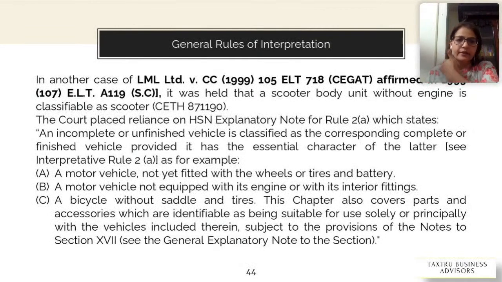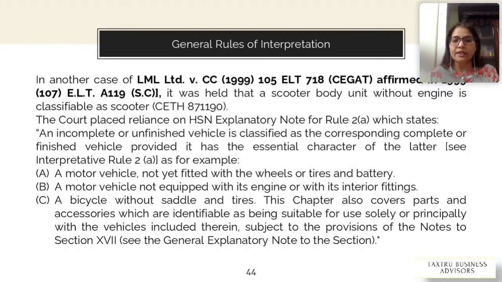In LML Limited, it was held that a scooter body without engine is to be classified as a scooter, because by fitting an engine in that body, it will give the essential characteristics of a scooter and nothing else. So even without the fitment of an engine, it has to be classified as a scooter.